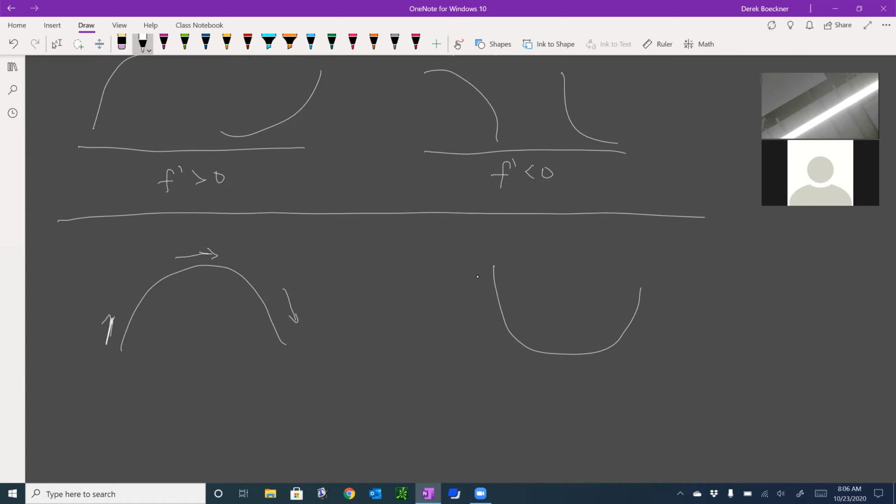All through this, the slope is decreasing, so f double prime is less than 0. This one starts out really negative and ends up really positive, going through 0: the slope is negative, not as negative, 0, more positive, really positive. So the second derivative is bigger than 0. This is concave down, and this is concave up.